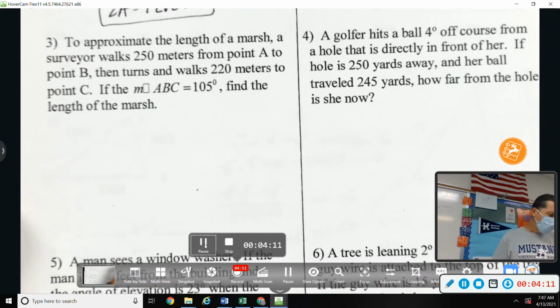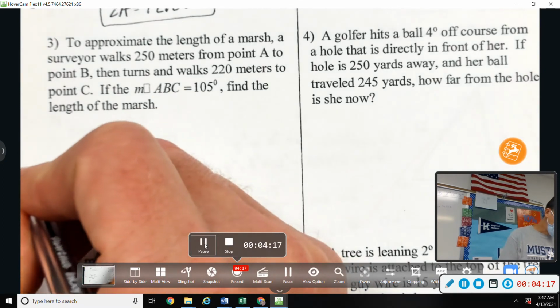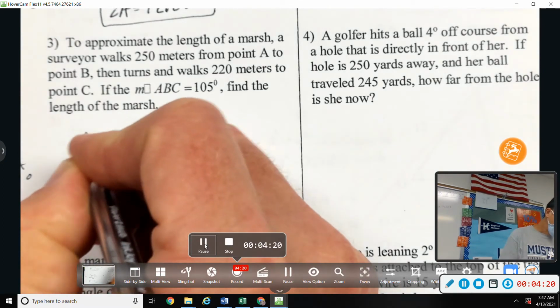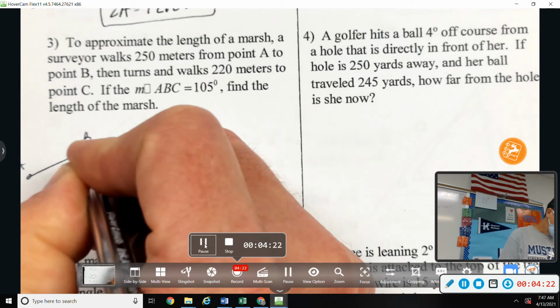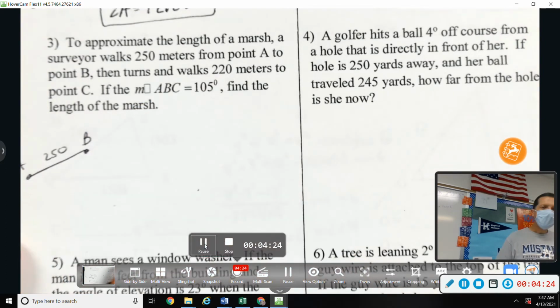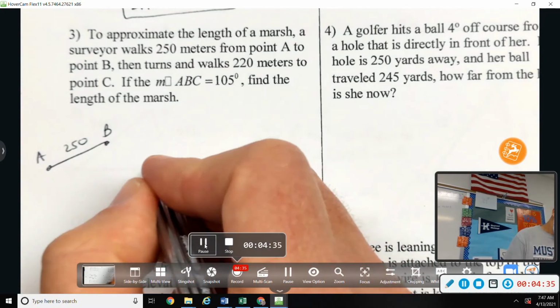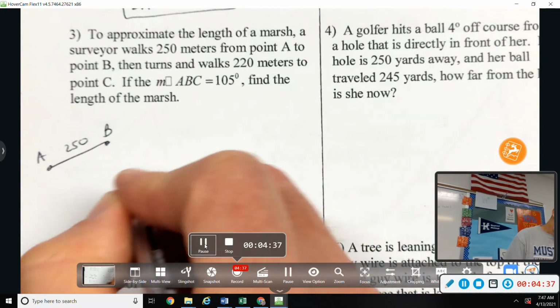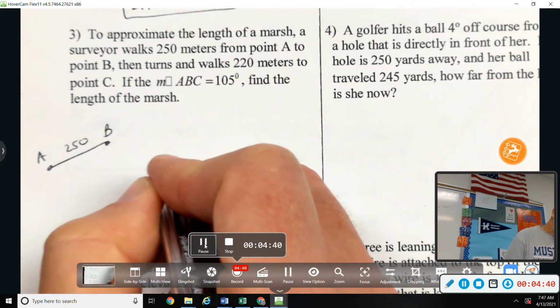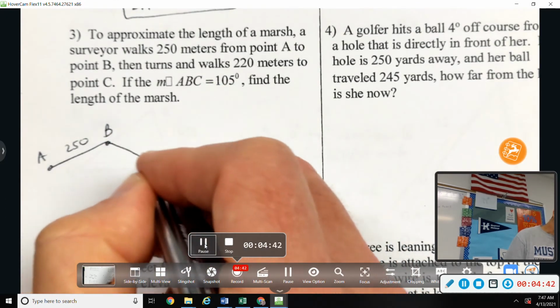Number 3, to approximate the length of a marsh, a surveyor walks 250 meters from point A to point B. Okay, 250 meters from point A to point B. Then turns, so he's not like continuing in a straight line, and walks 220 meters to point C. I don't really know where that is, so I'll just put a C on there somewhere.